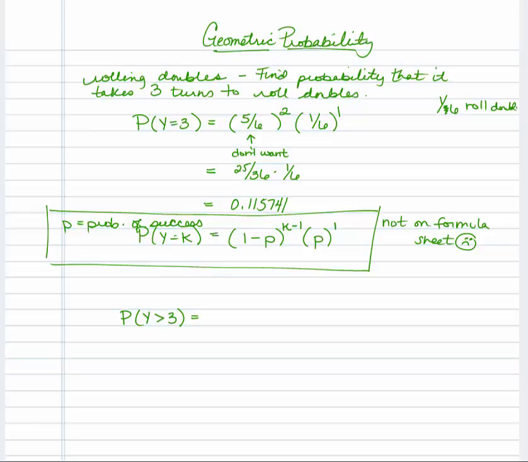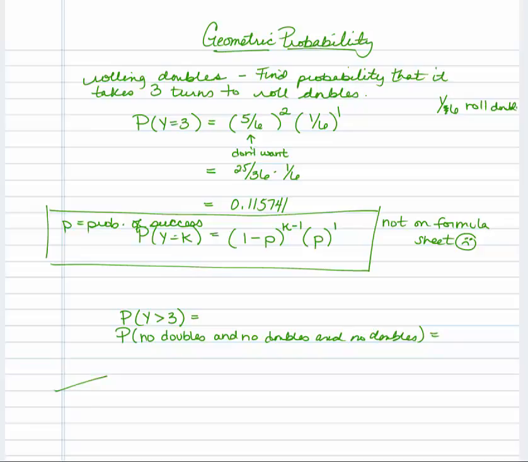A couple ways we could do this: think of the probability of no doubles on the first try, no doubles on the second try, and no doubles on the third try, because 4th and higher would work.